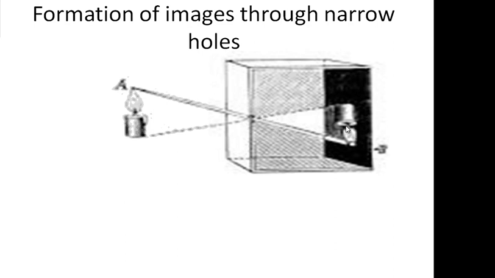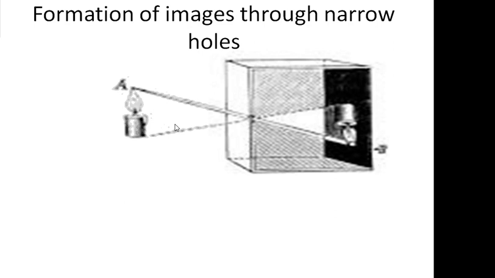Place the lighted candle in front of the hole at a distance, then look at the semi-transparent paper. Move the candle forward and backward until you see the candle image clear on the semi-transparent paper.